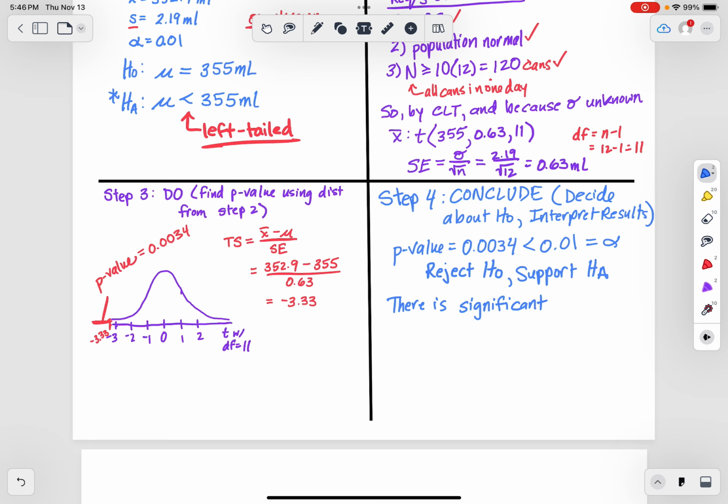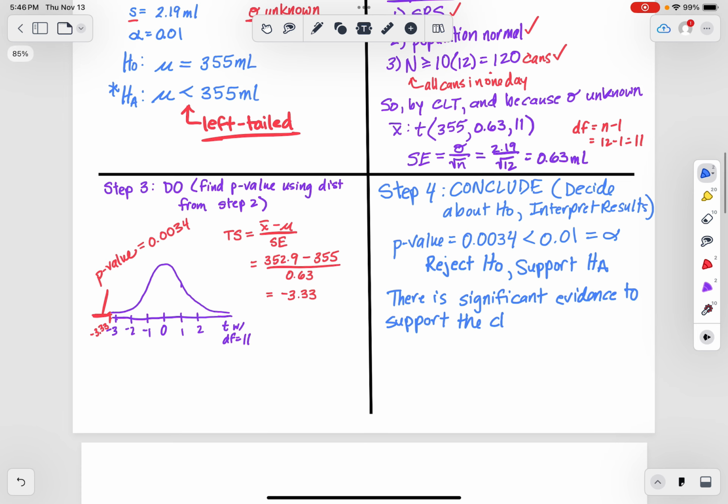Significant evidence to support the claim, and again, we're supporting the alternative, so I'm just going to write the alternative now in context. To support the claim that the amount of LaCroix... I think I'm going to go back. Hold on. Not just the amount. It's the average amount.